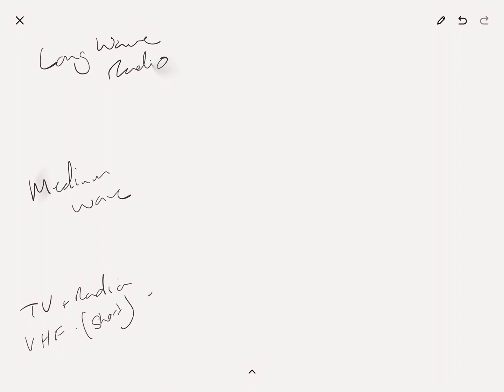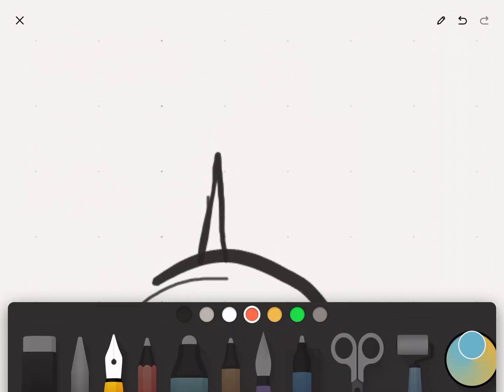So long wave radio. Here is the Earth, there is my antenna. If you remember, an antenna is basically just a wire with an electric current which goes up and down at a certain frequency, just like an alternating current.